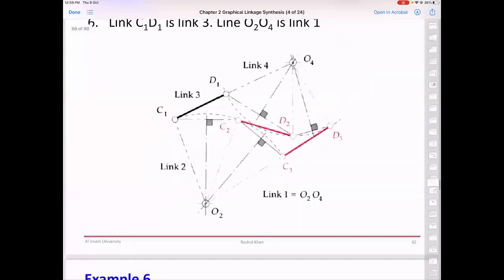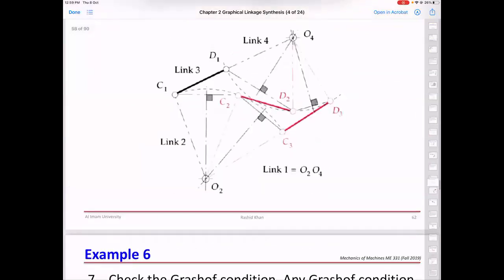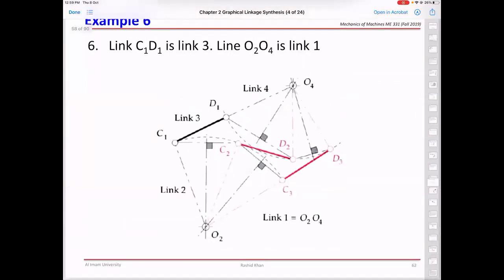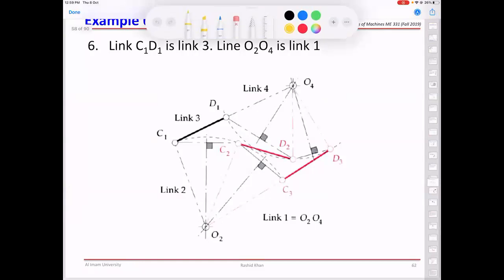Go back here. Check the Grashof condition. So let me just write it here. Again, L1 is equal to 97 millimeter. L2 equals 67 millimeter. L3 30 and L4 is 42 millimeter. Okay.